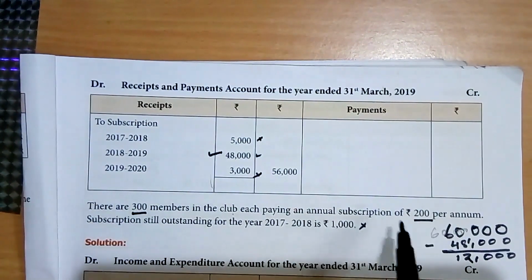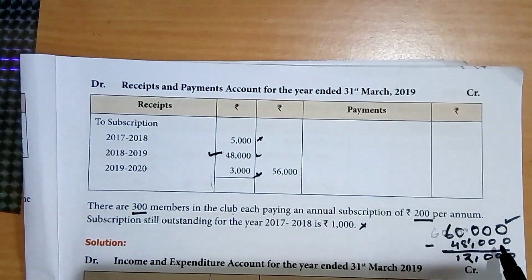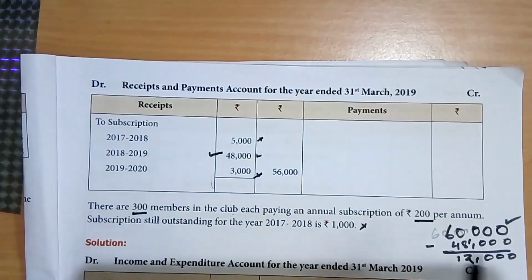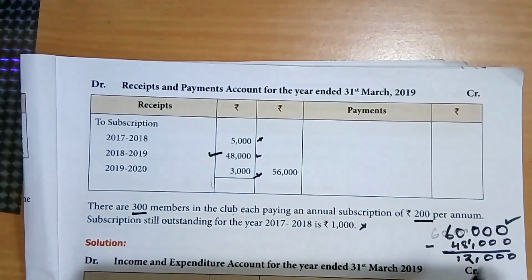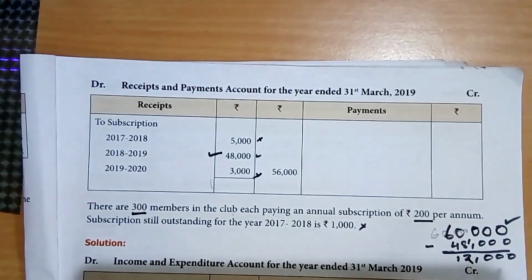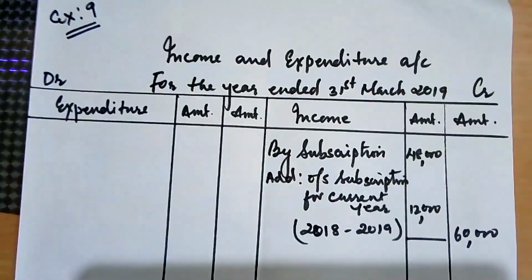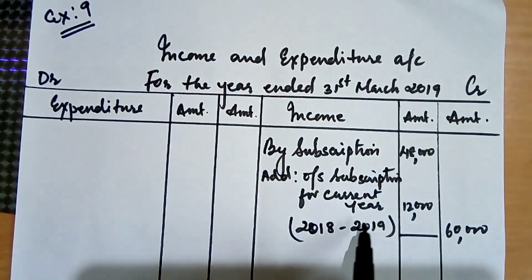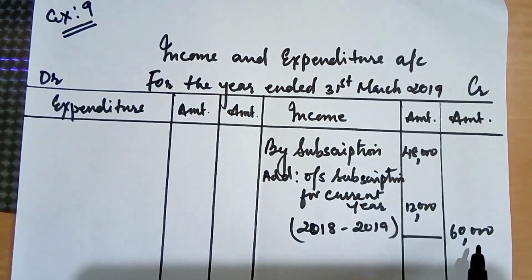So 300 into 200 comes to 60,000. But for the current year we have received only 48,000. So from the 60,000 we minus 48,000, and 12,000 is remaining. They have not yet paid. So 12,000 is outstanding for the current year. So this has to be added in the income and expenditure account. So the 12,000 is added over here as outstanding subscription for the current year. And when we add the subscription and the outstanding, we get 60,000 for the year.